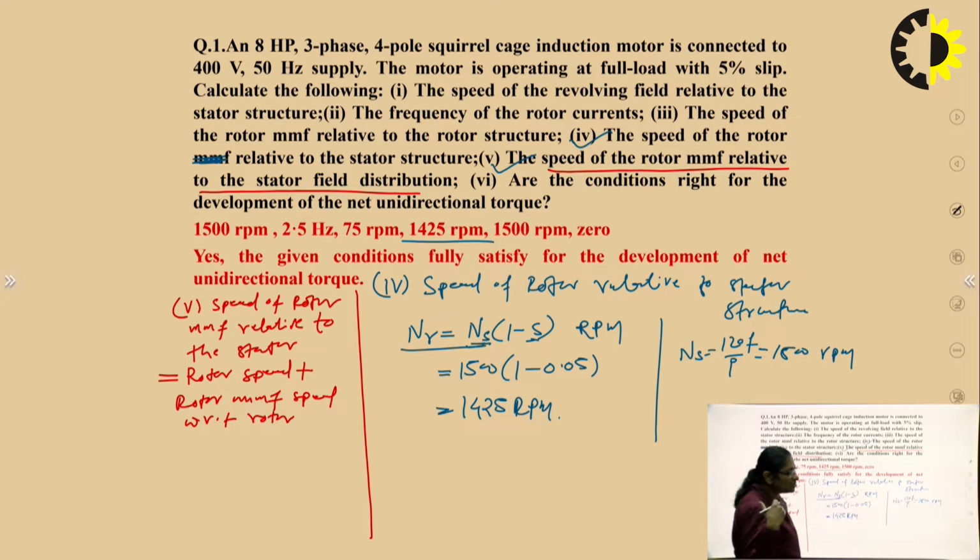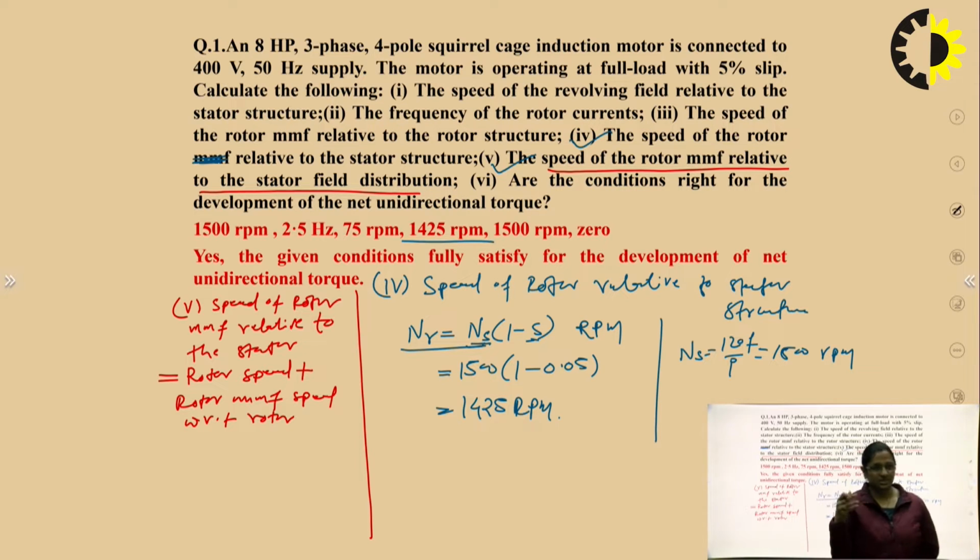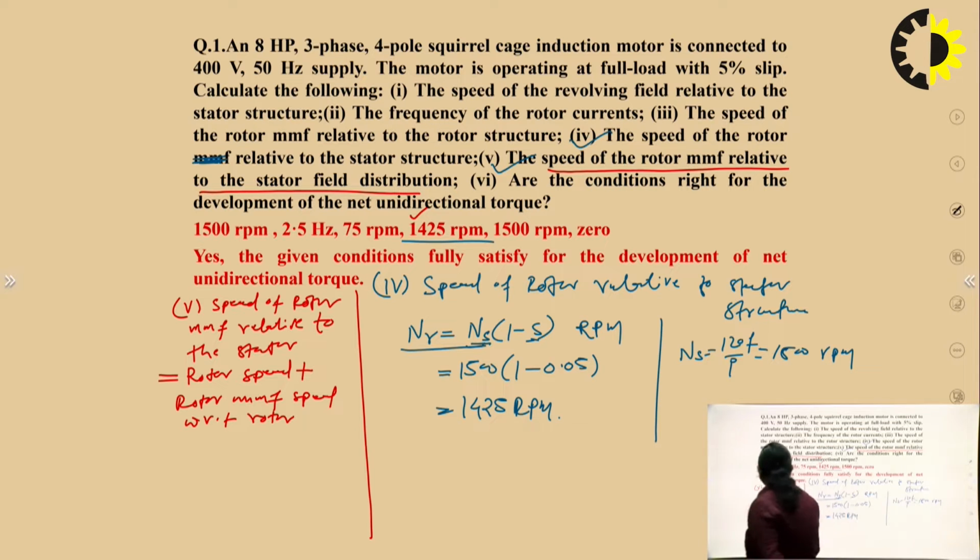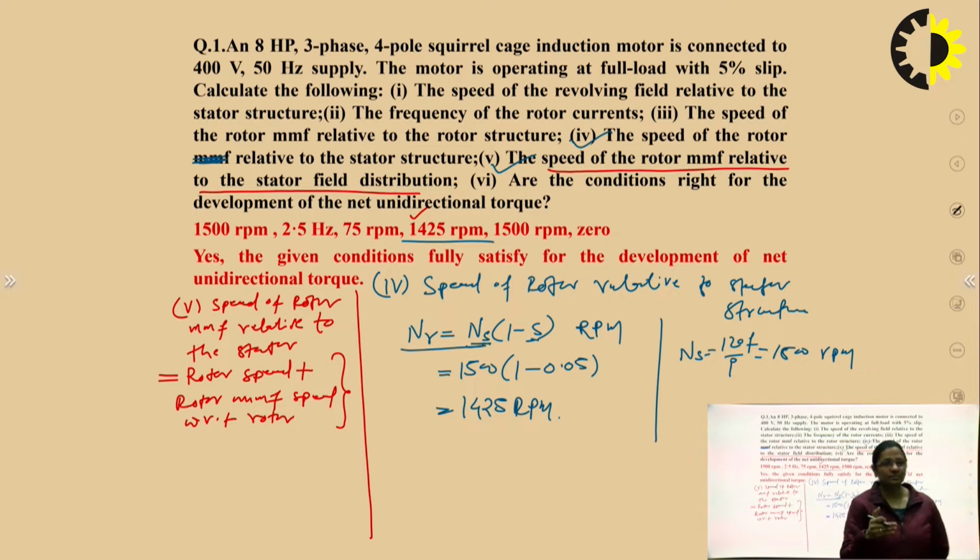The rotor is rotating with respect to the stationary stator at a speed of 1425 rpm. We know that, right? Besides this, we also know that the rotor MMF is rotating at a speed of 75 rpm with respect to the rotor structure itself. So the summation of these two will give us the speed of rotor MMF with respect to the stationary stator structure.